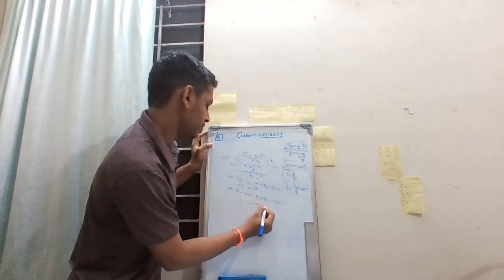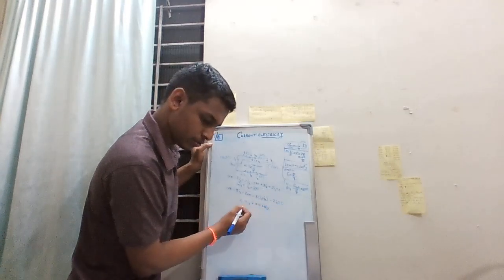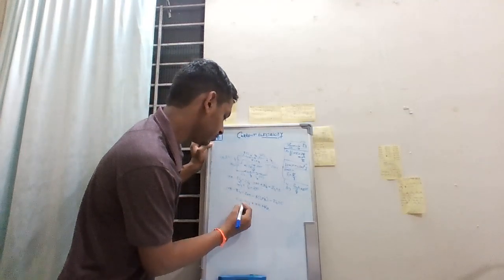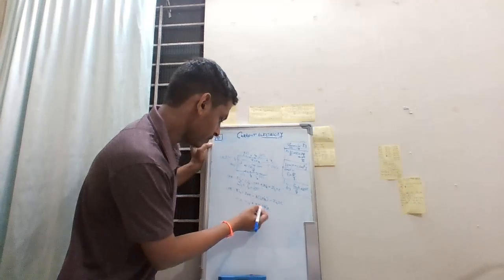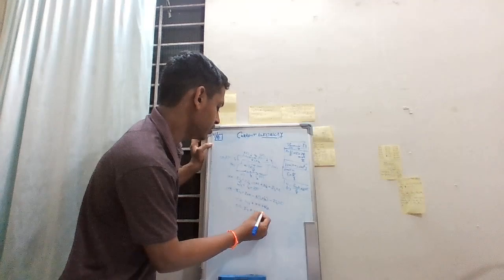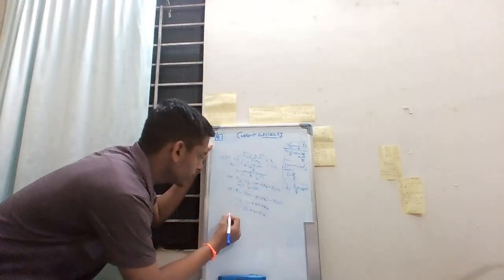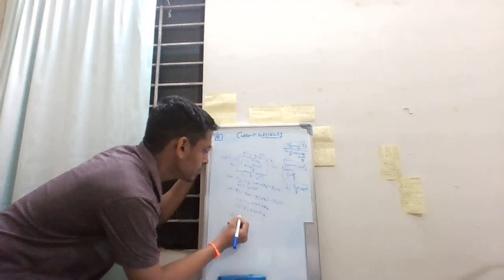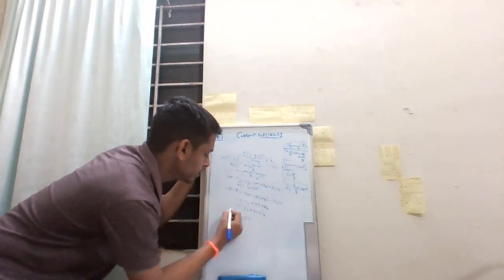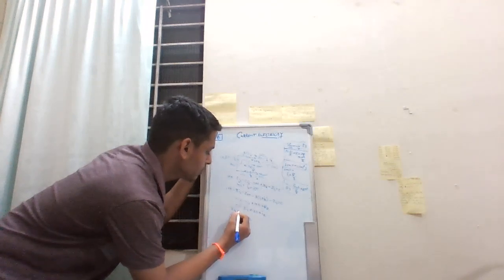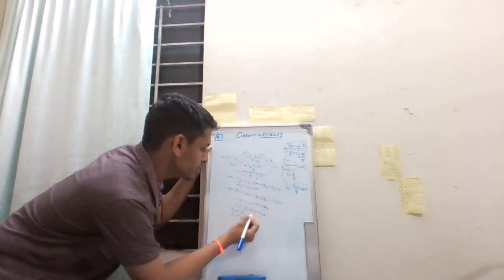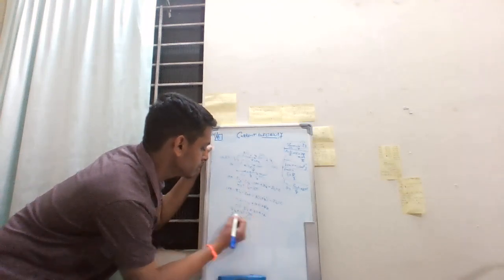We bring it over here, plus 5I2, I guess. Yeah, I'm right. If we take 5 common, 5 3s are 15, 5 2s are 10, plus I2. Now we have 2I1 plus I2 equal to 20, and then we have 3I1 plus I2 equal to minus 20.